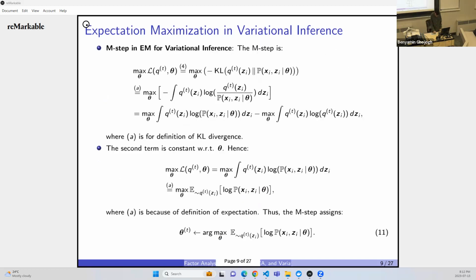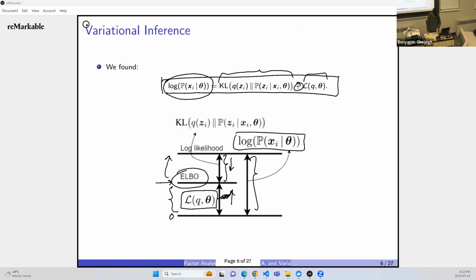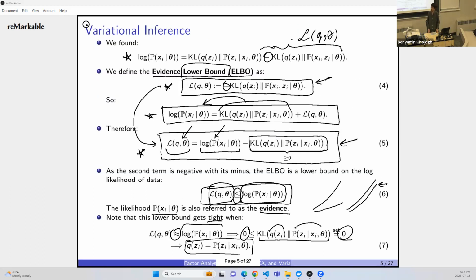Now let's go to the M step in the expectation maximization in variational inference. So we maximize the ELBO with respect to theta now. According to equation 4, what was equation 4? The definition of the ELBO.